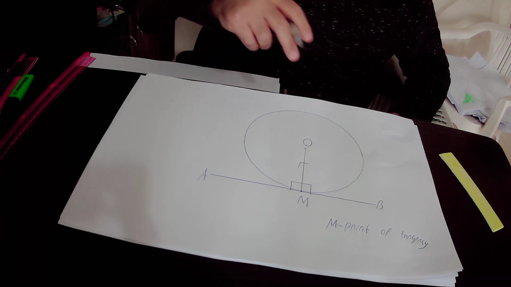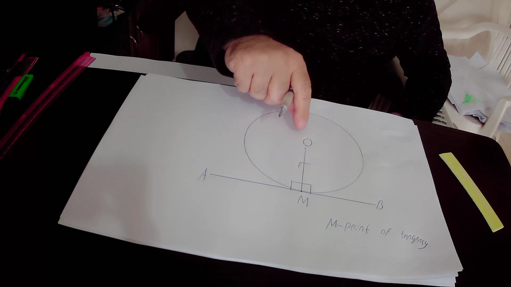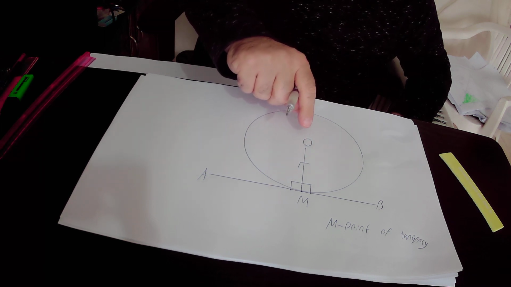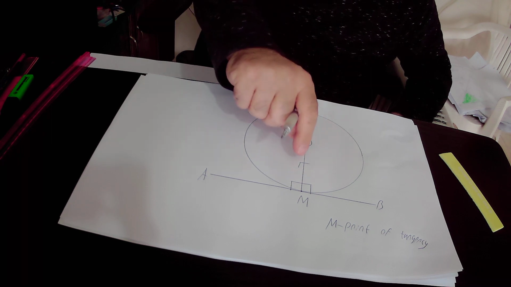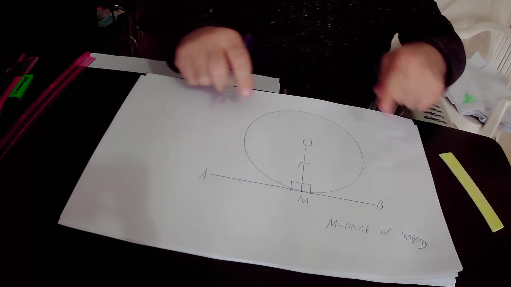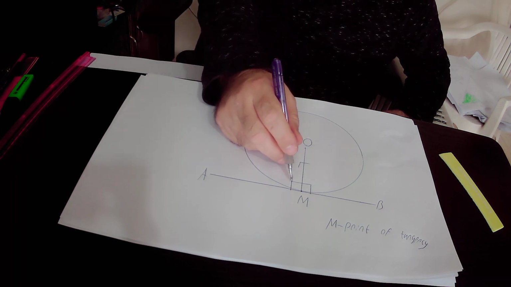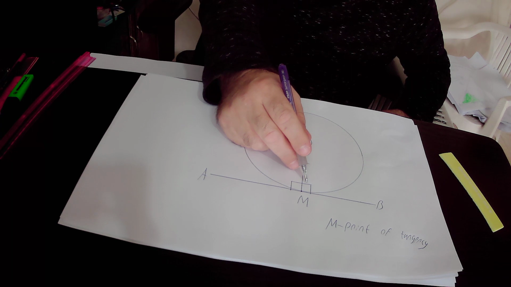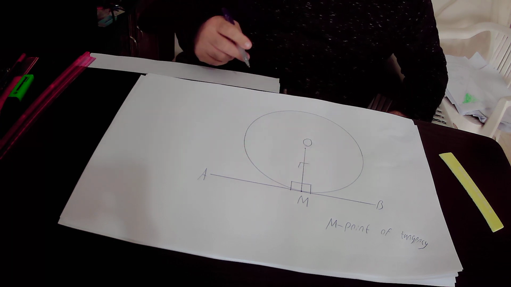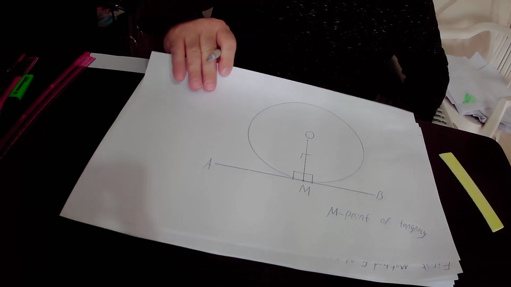So whenever you have a radius, like in this drawing, that is drawn to the point of tangency, like the radius OM drawn to point M, then the tangent AB will be perpendicular to this radius. That is to say, this angle will be equal to 90 degrees and this angle will also be equal to 90 degrees.